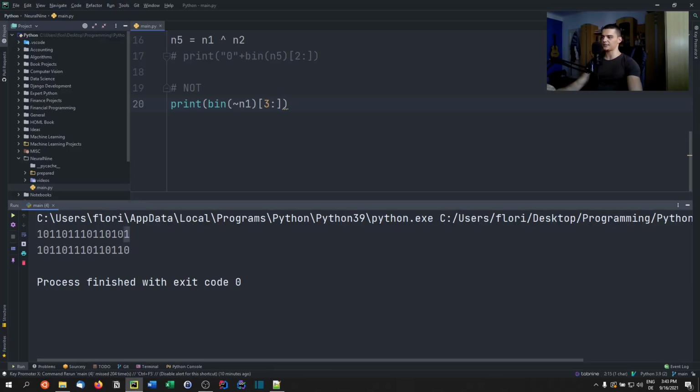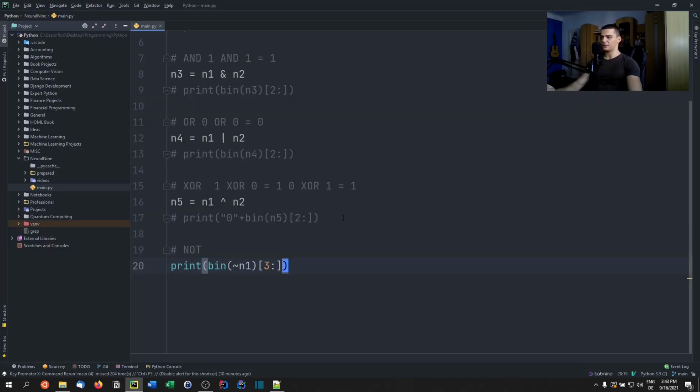You can see here it is, but here we have the same bits. I mean, that is the same for both numbers, even though I negated it. So this is not actually a bitwise NOT. This is not actually inverting the individual bits.